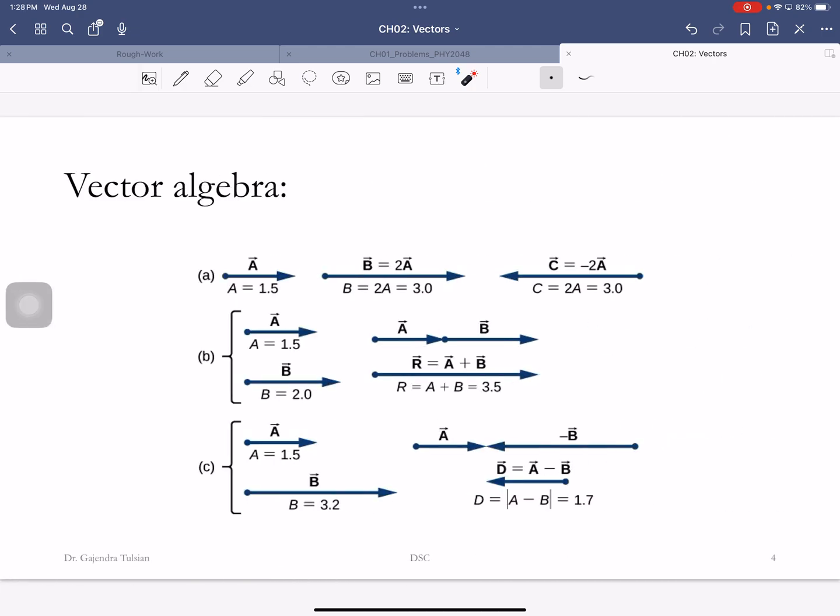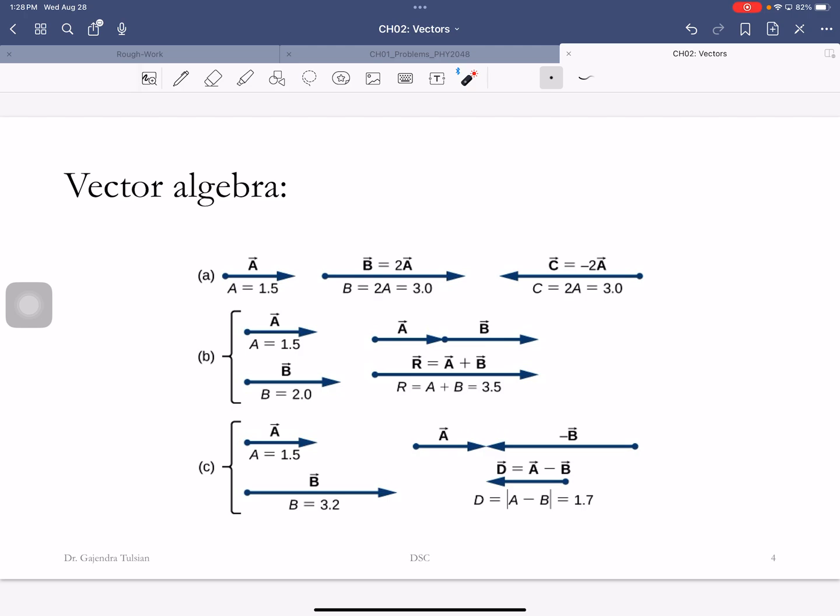Here are some things that are intuitively clear. Let's say here is the vector A. 2A just means a vector twice as long. But here's what's going on underneath. There is a scalar and there's a vector, a totally different beast, and I just multiplied them and you understood it.